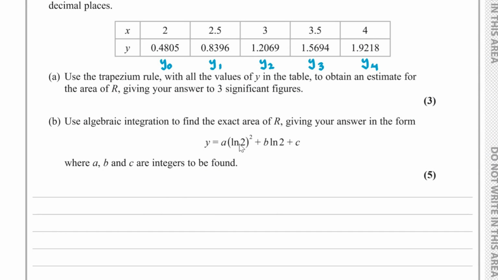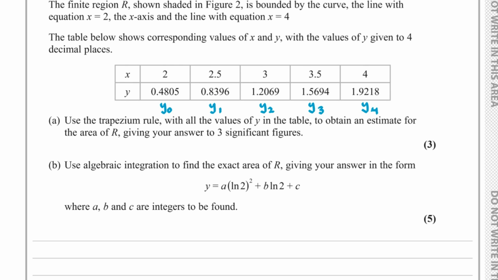Now, h over here is equal to 0.5. To go from the 2 to the 2.5, we add on 0.5. Same thing here. We add on 0.5. Same thing here. And same thing here. So therefore, you can see h is equal to 0.5.